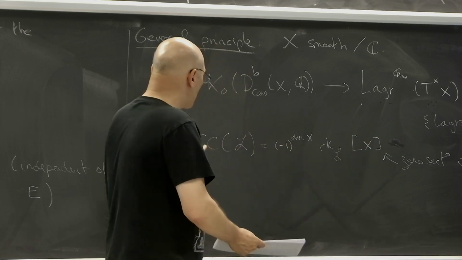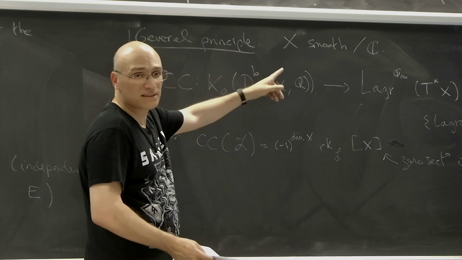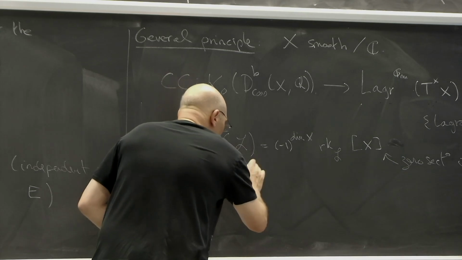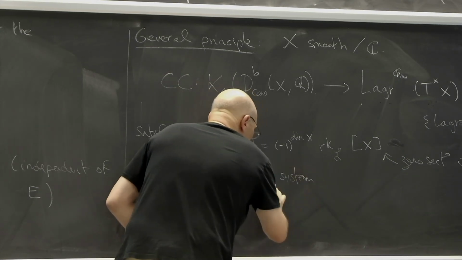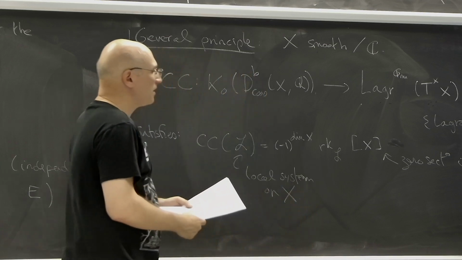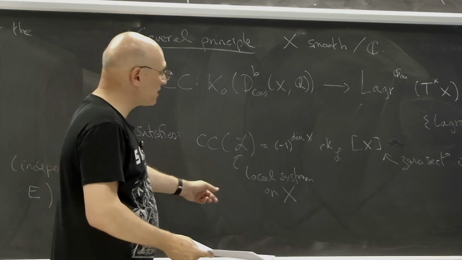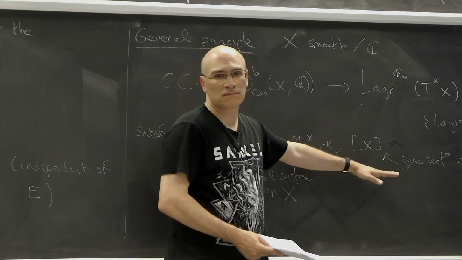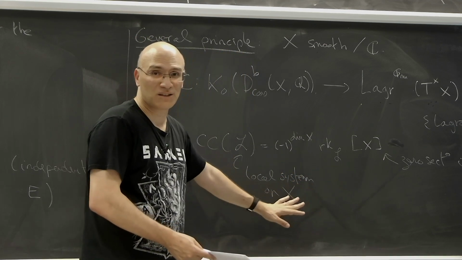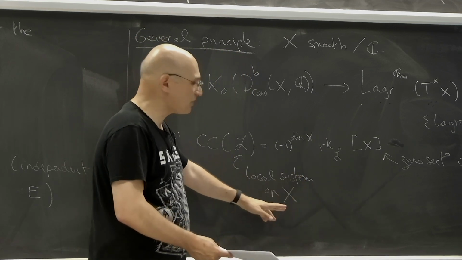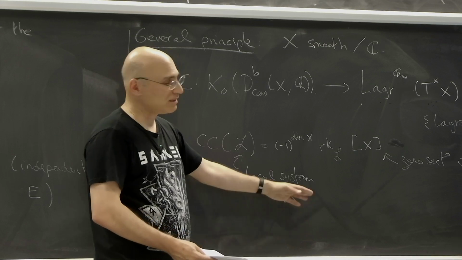So if you take a rank 1 local system on X, then you just get the zero section. It should be a local system on the whole of X, right? Not the intermediate extension of a local system on even an open subset of X.